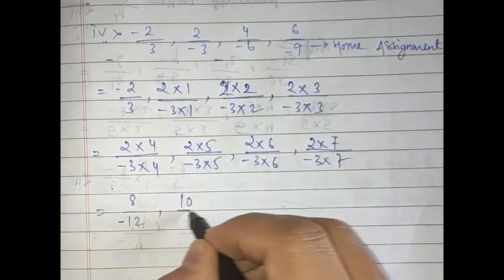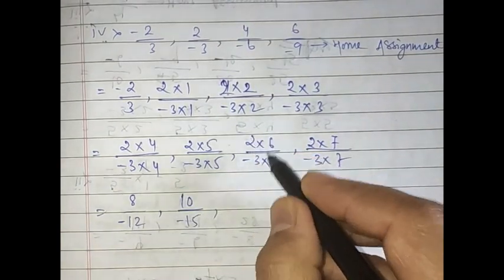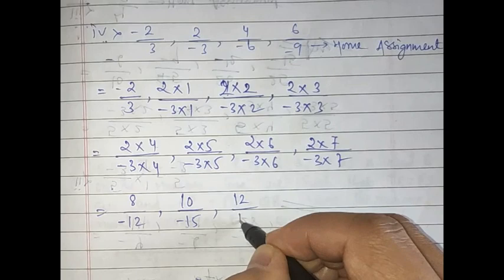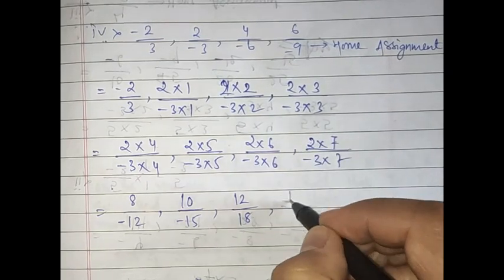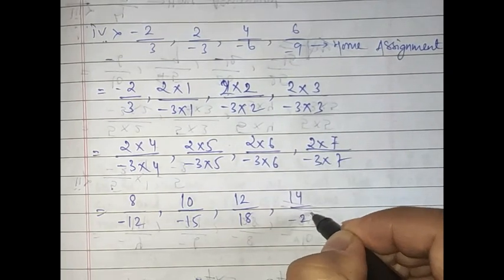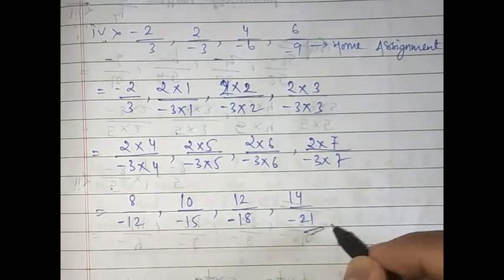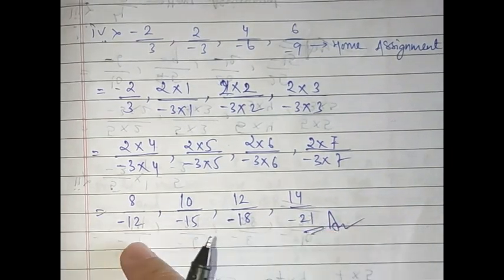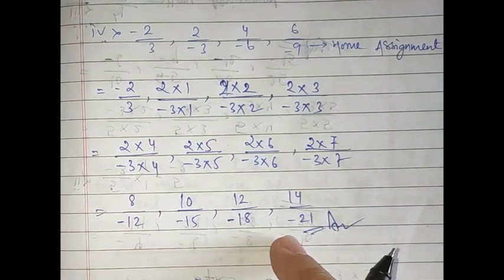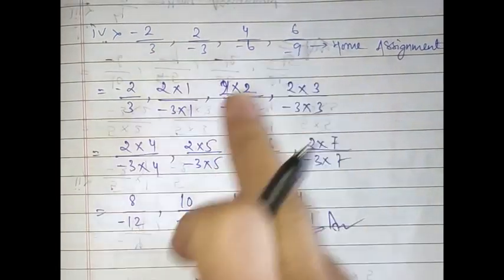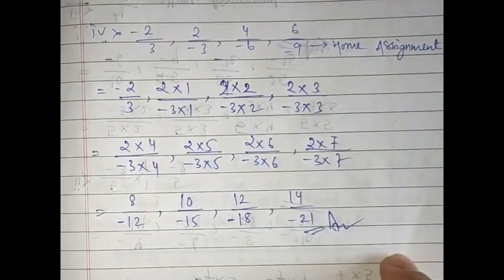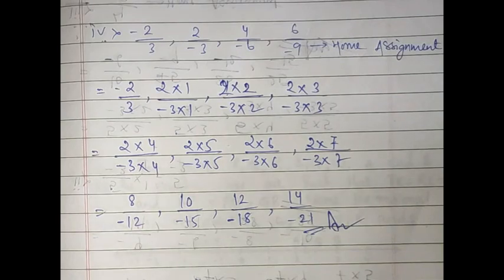Similarly 2 5s are 10 by minus 15, 2 6s are 12 by 3 6s are 18, and 2 7s are 14 and minus 21. Okay, so here we have the 4 more rational numbers of this pattern. Okay, so this will be continuous. So let us proceed to the next home assignment.